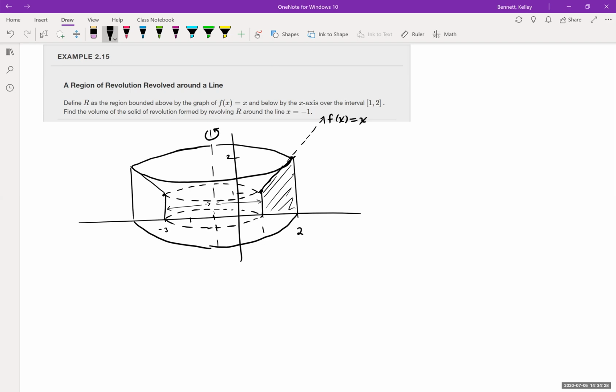So we want to punch out a cylinder from here. I'm just going to take a little cross section from my original shaded region R, and I'm going to rotate it about the same line x equals -1. And so that's going to give me this cylinder here.